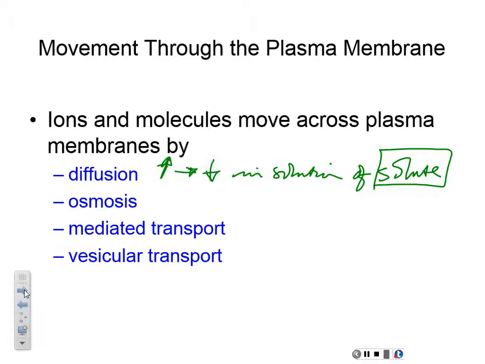And it's a non-energy demanding process. And then osmosis, it's movement of what? What is water molecule? In this case, that's the solvent, right? Water is the solvent. How is this movement? From high to low concentration as well. Through what?